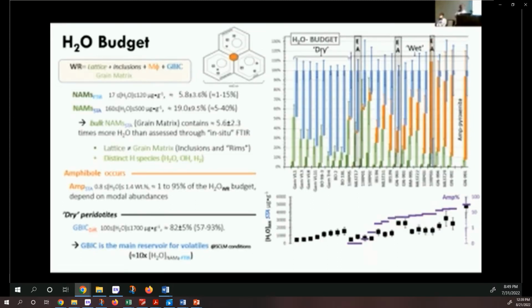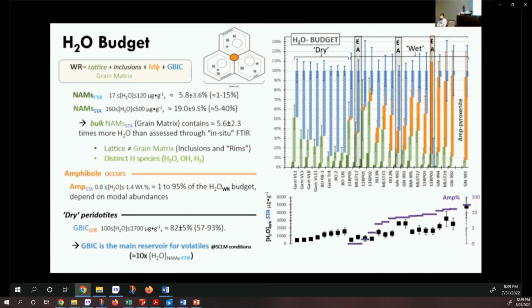If we now move to the grain matrix as measured by silicate fraction by STA, and therefore which includes the silicate lattice, we are reaching on average 20% of the bulk rock. So that means that the bulk NAMs are basically 3 to 7 times higher than the lattice as measured by FTIR.